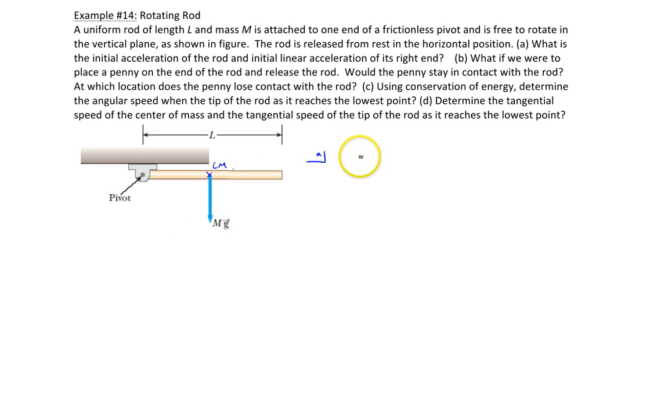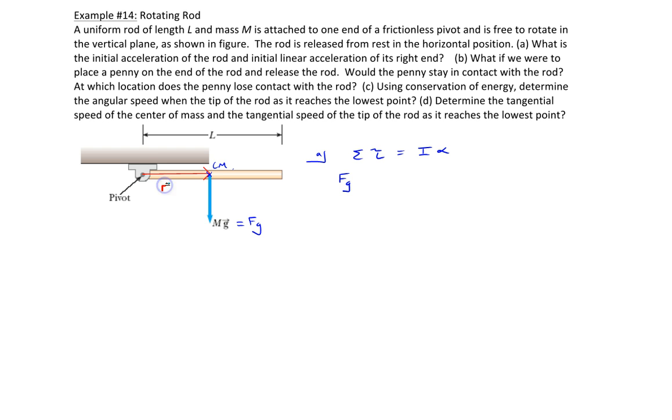So if we apply Newton's second law, the angular version, sum of tau equals I times alpha, we have a torque that is being produced by the weight of the rod. That's the force of gravity. So we have the force of gravity multiplied by this distance here.